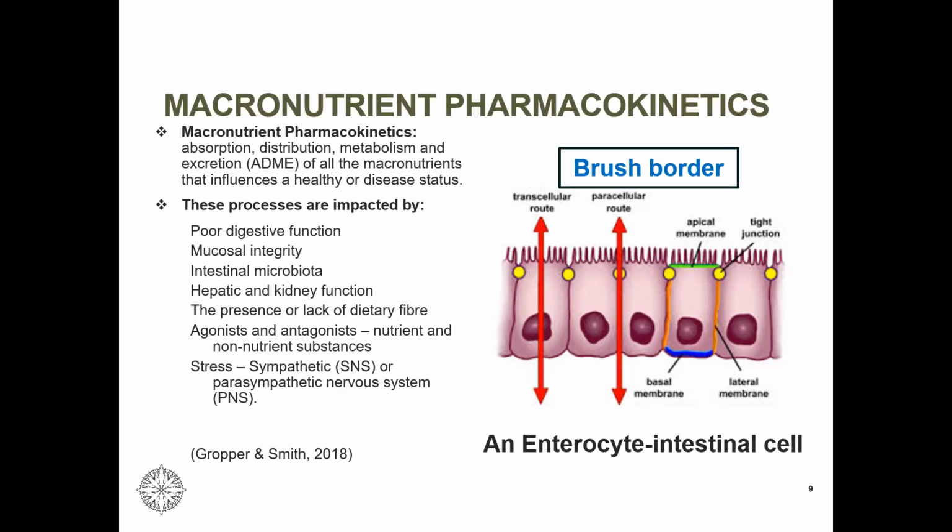So that's the first stage of absorption of a nutrient. This is called the brush border, and we have mucus lining this brush border. The thicker the mucus, the stronger our brush border is.